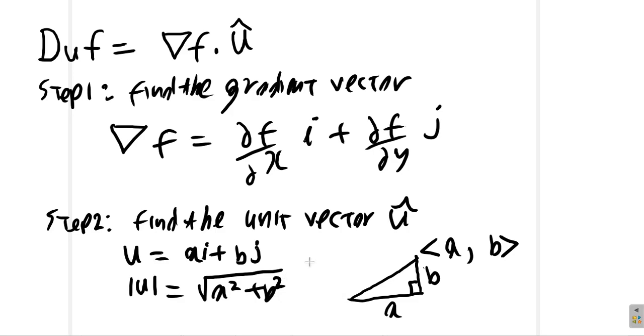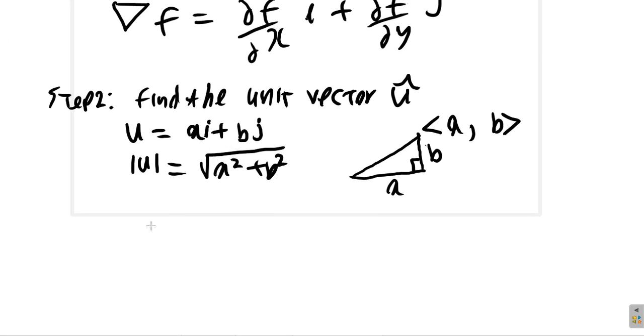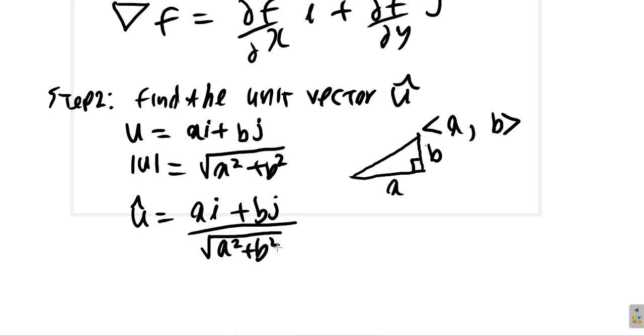Alright, so the unit vector would be a i plus b j over the square root of a squared plus b squared, alright? So you really divide the vector by its magnitude. Now, you get the unit vector in that case.